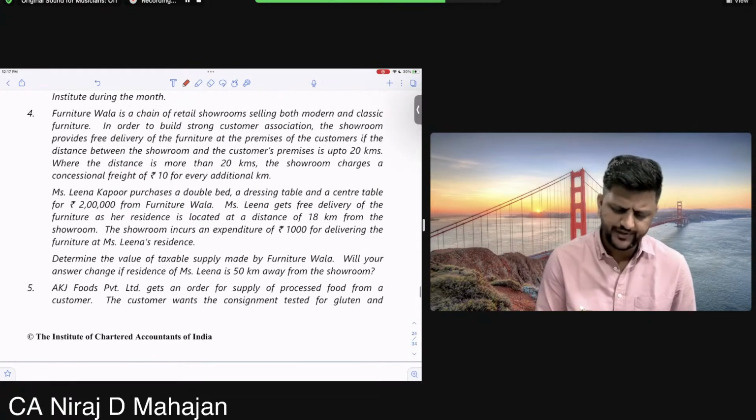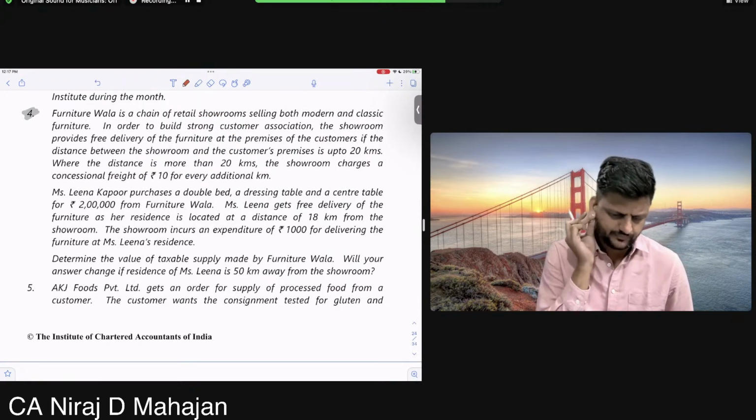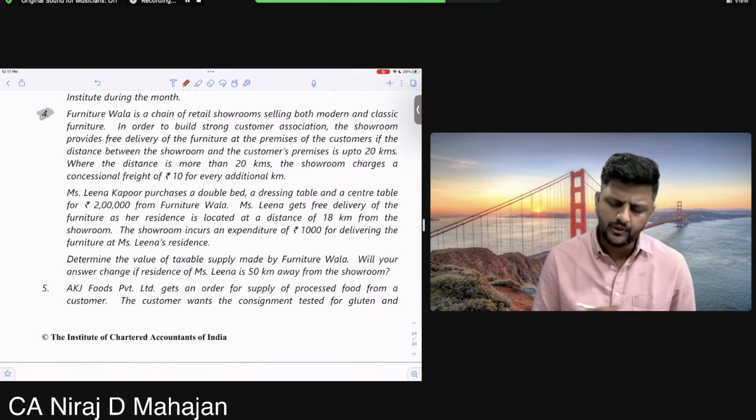Furniture Wala is a chain of retail showrooms selling both modern and classic furniture. Pay attention, modern and classic furniture. In order to build a strong customer association, the showroom provides free delivery of furniture at the premises of the customers if distance is 20 kilometers. This is standard practice.